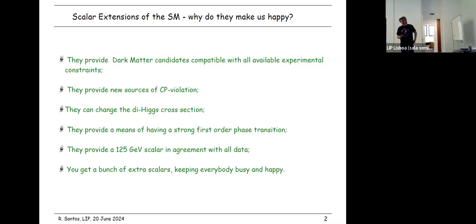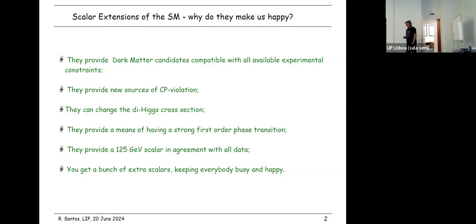I will try to show you that some of these processes come from C violation and other processes come from P violation. And this will mean different things when you look for the process at the LHC. There will be theoretical parts that I will try to pass fast, and then we'll go to the more experimental things.